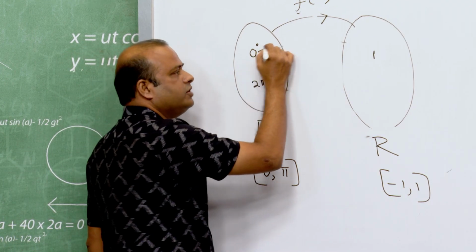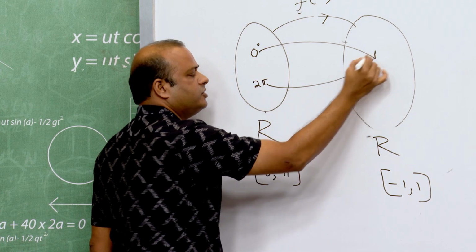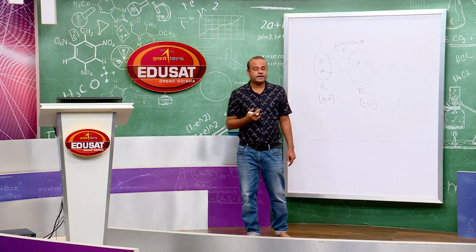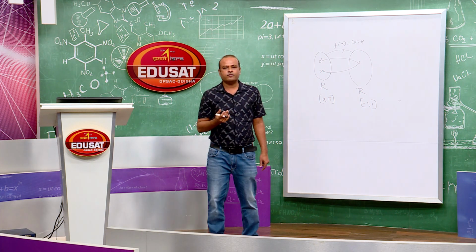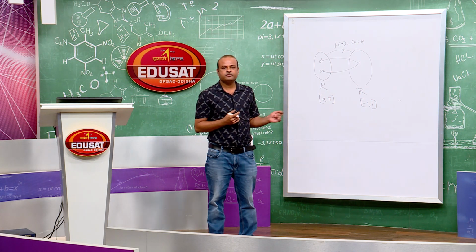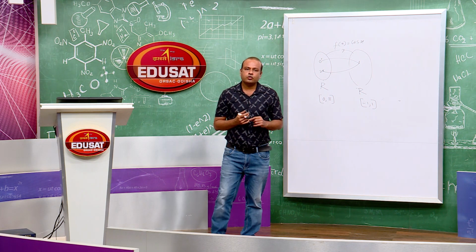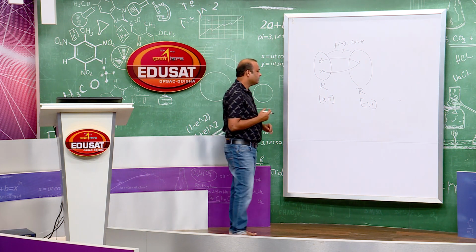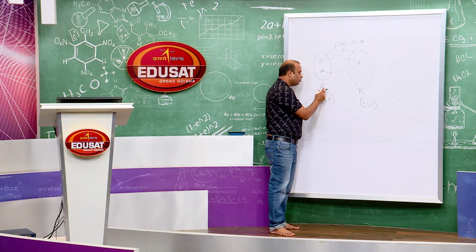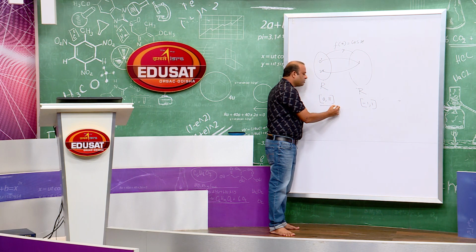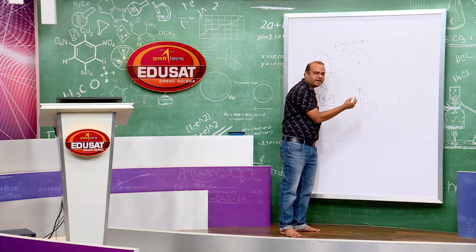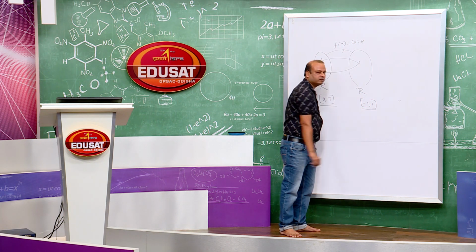Hence, the inverse of the function does not exist, that is, in this case it is not one-one. So, to make cos x one-one, we have to consider the domain as the closed interval of 0 to pi and the codomain, as well as the range set, as minus 1 to 1.